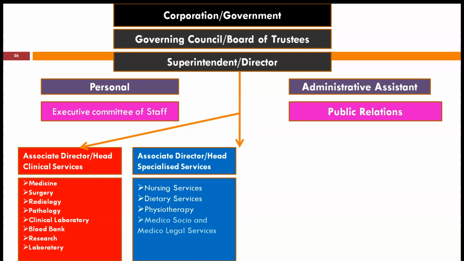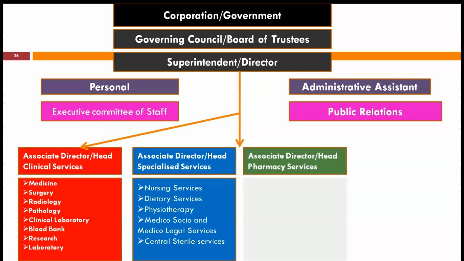Medico-social and medico-legal services, and lastly the central sterile services. These are all coming under the category of associate director or head specialized services. This is clinical services and this is the specialized services.